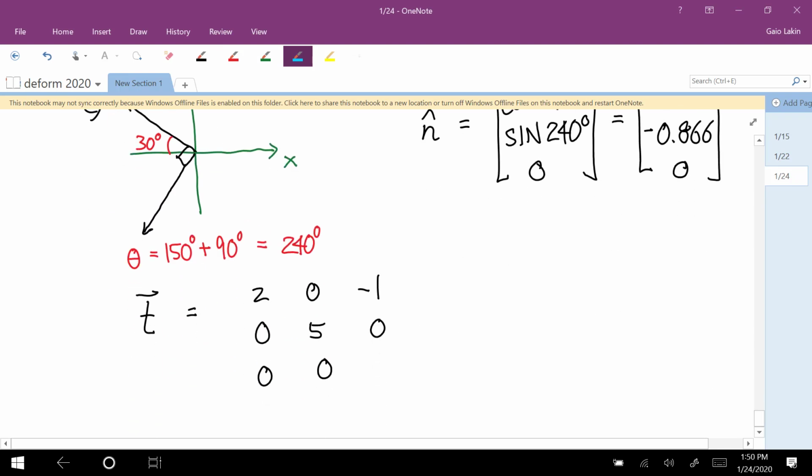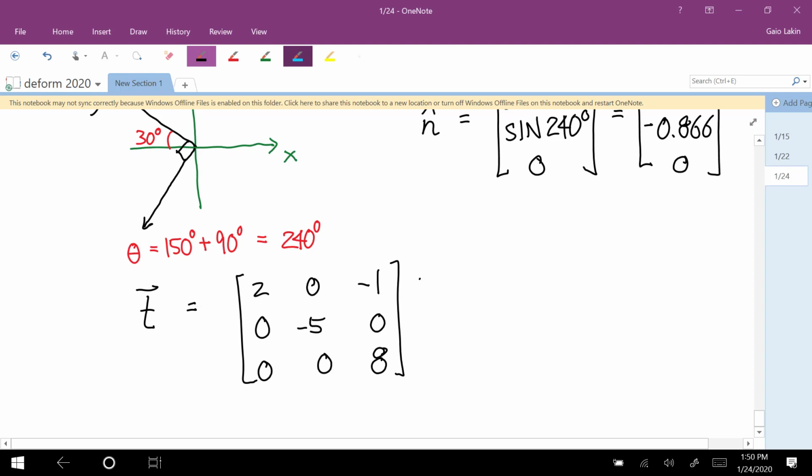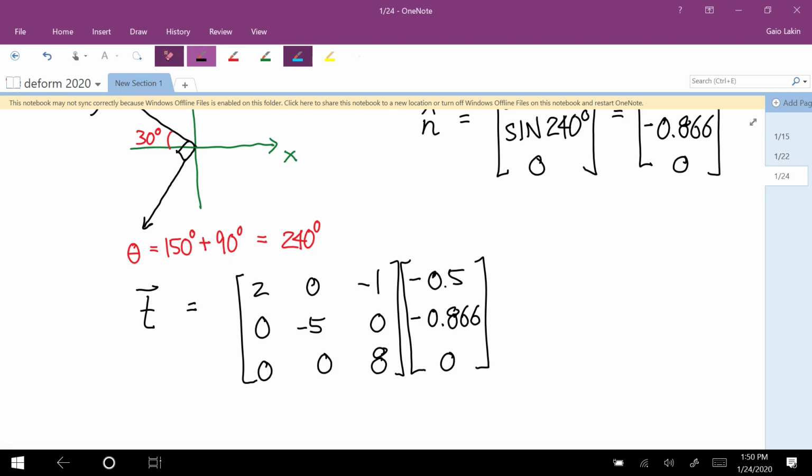Oh, that 5 was negative, and then this is 8. And we're going to multiply that to the vector negative 0.5, negative 0.866, 0.